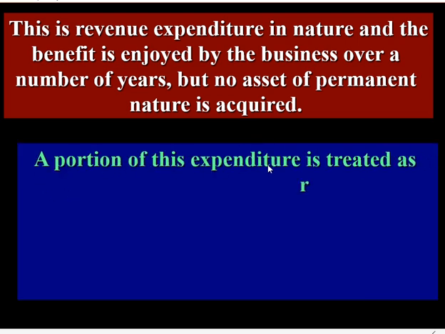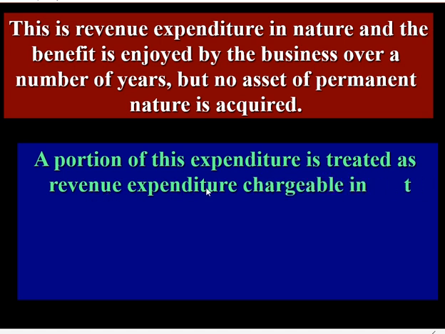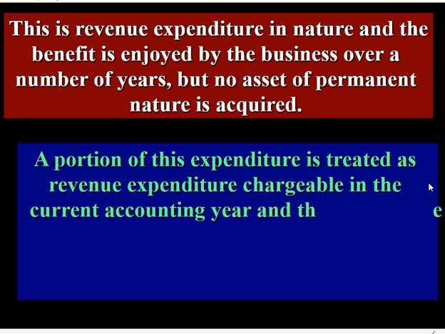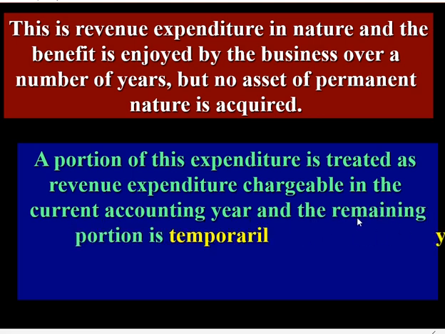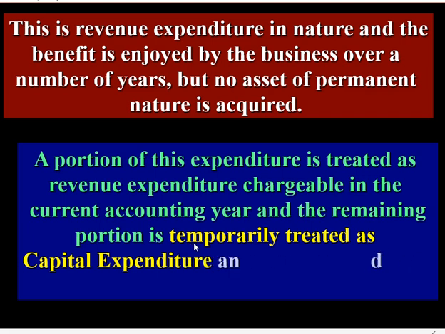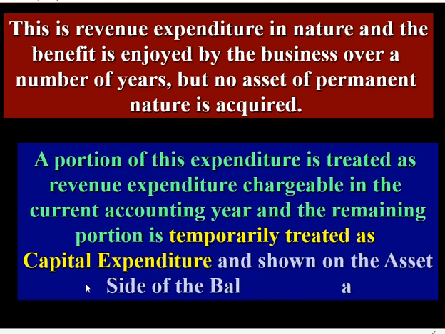A portion of this expenditure is treated as revenue expenditure chargeable in the current accounting year, and the remaining portion is temporarily treated as capital expenditure and shown on the asset side of the balance sheet.